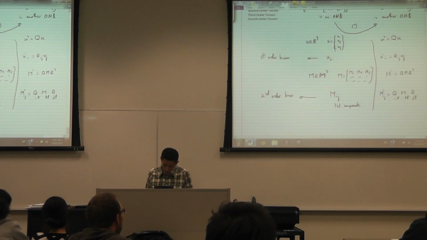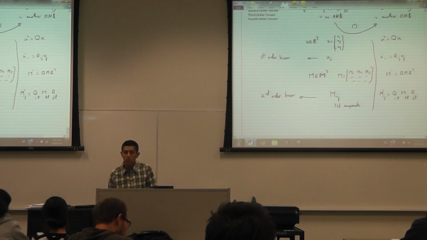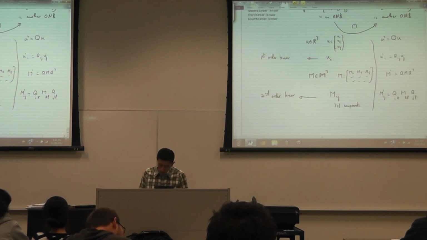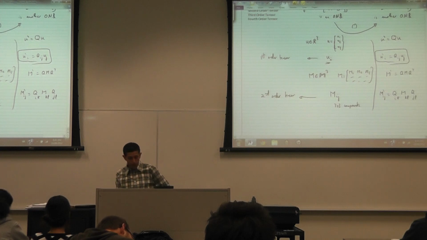The definition of a second order tensor, or first order tensor, is sometimes given as a quantity whose components change according to this relationship when you choose a new coordinate system.